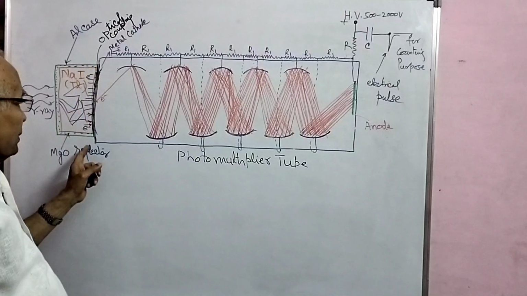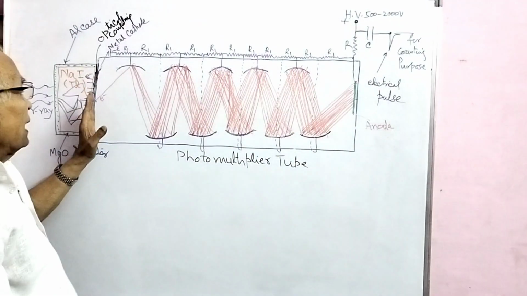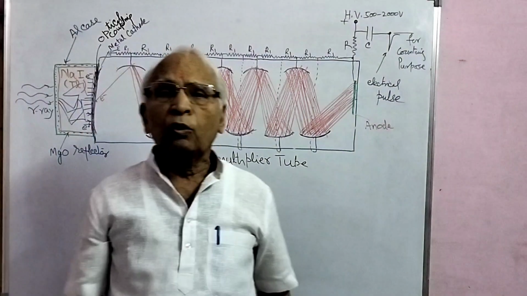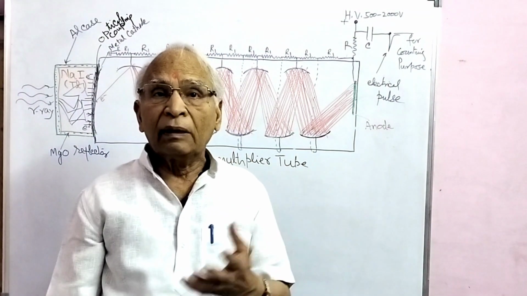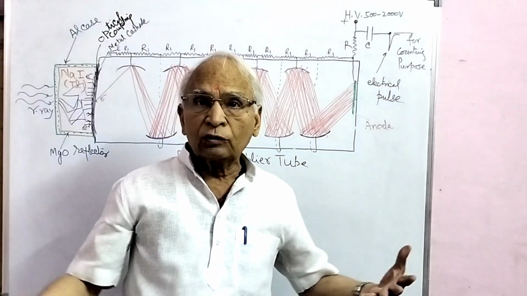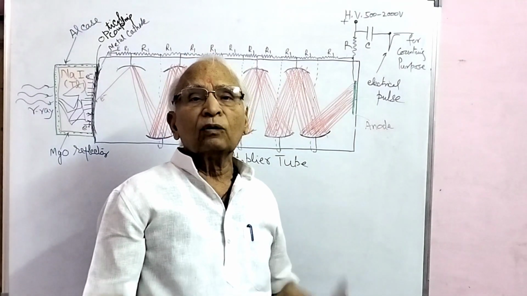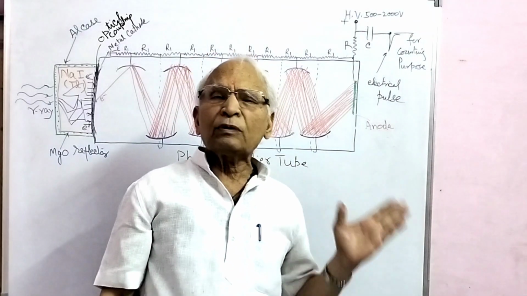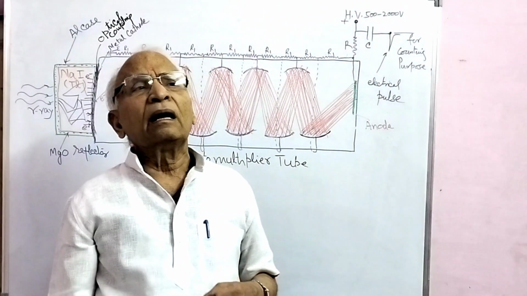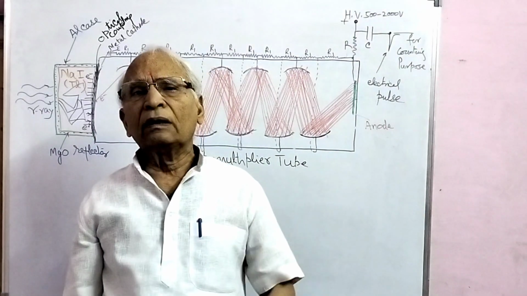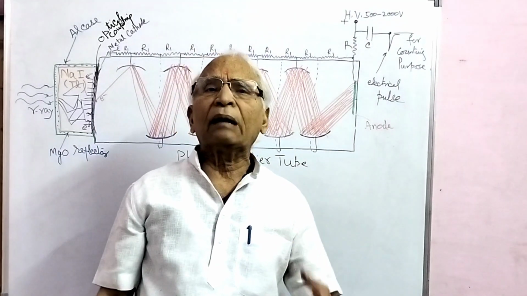We have a glass plate here, and between the glass plate and the sodium iodide we have a material whose refractive index is the same as that of glass, so that there is no reflection at the boundary and no loss of the light. We put some organic or silicone fluid, we use DC200, or we also use Canada balsam.